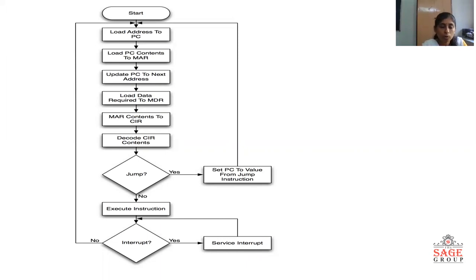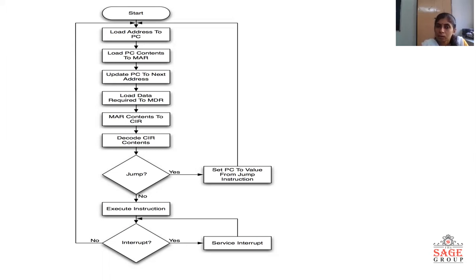The program counter is used to hold the addresses of the data. Then the contents of the program counter are transferred to the memory address register. The main function of the memory address register is to hold the addresses of the data.